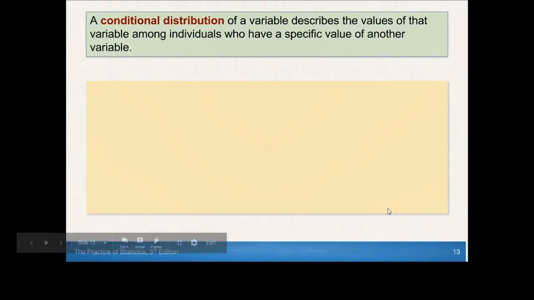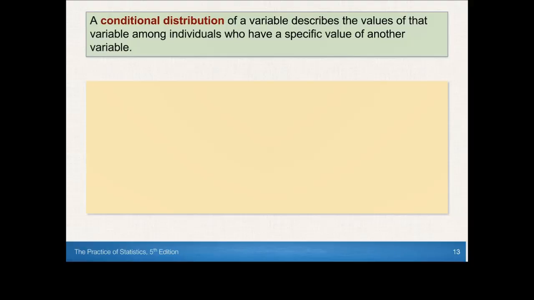So now we're going to look at the relationship between categorical variables. Now that we were able to calculate percentages of these, we're going to look at something called a conditional distribution.